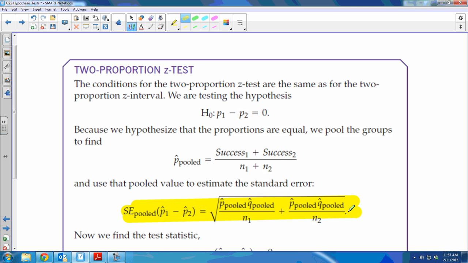Now, once you found the standard deviation in a hypothesis test, you found a z-score, right? Remember, on the formula sheet, it says a standardized test statistic. That's what z is, standardized test statistic.